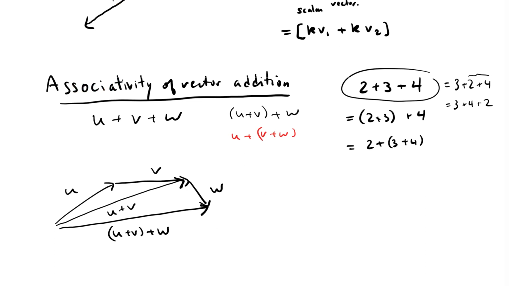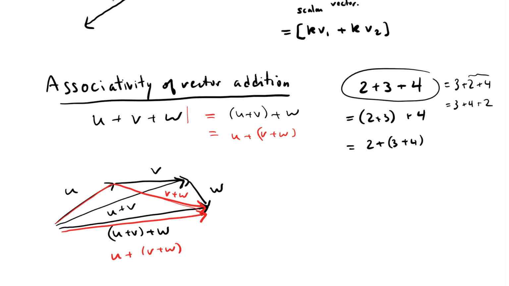V plus w is this. That's v plus w. I'm just following the path created by v and w. And now I do u plus v plus w. So I end up with this vector again, the same vector. So this is u plus v plus w. So they are equal. Okay, so all these are equal.